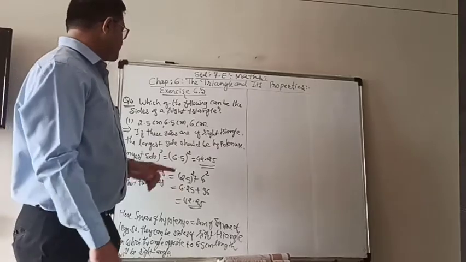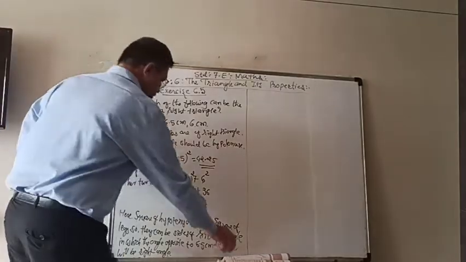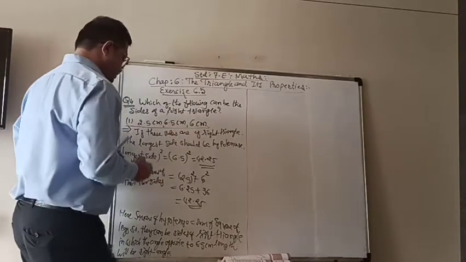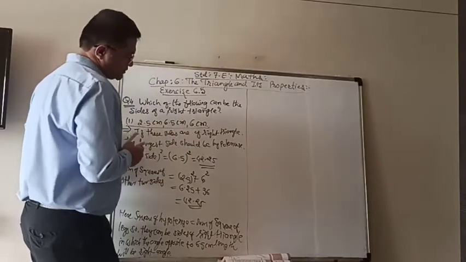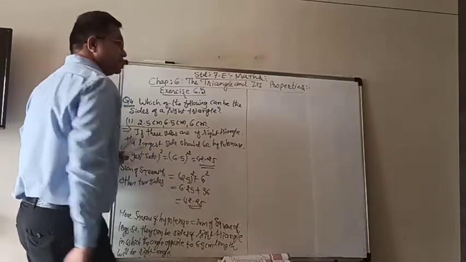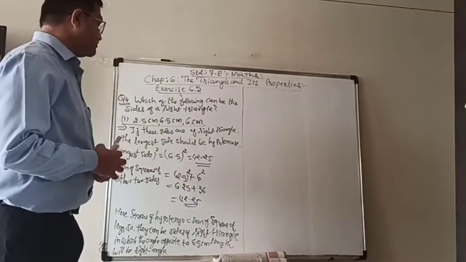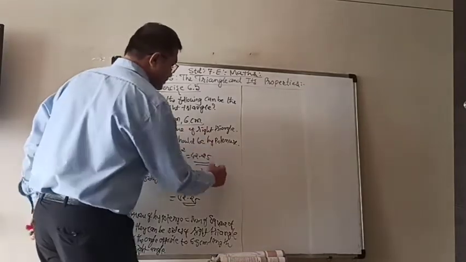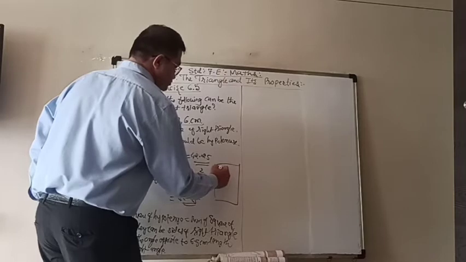By this way, we have to find out whether they represent a right triangle or not. If the two answers are different, then they cannot represent a right triangle. So the second and third you can do for homework.